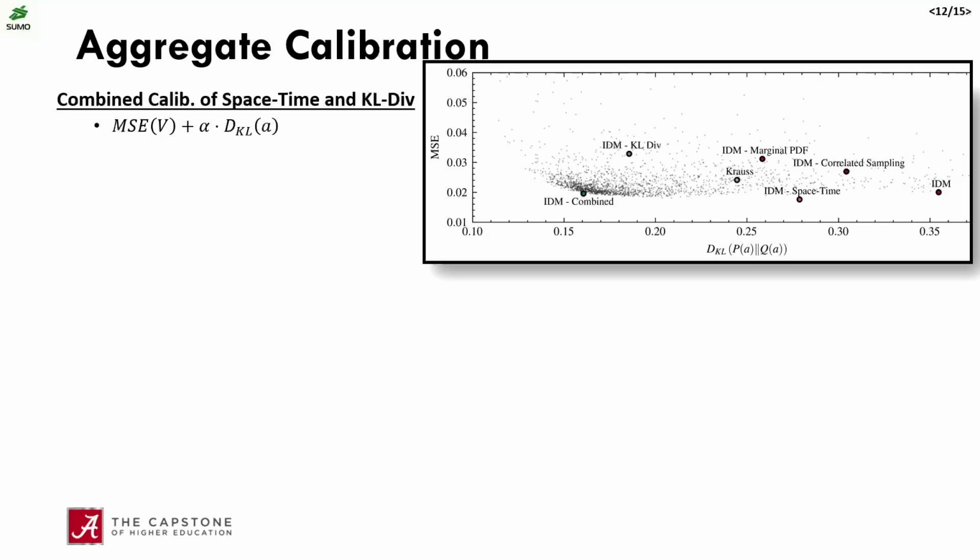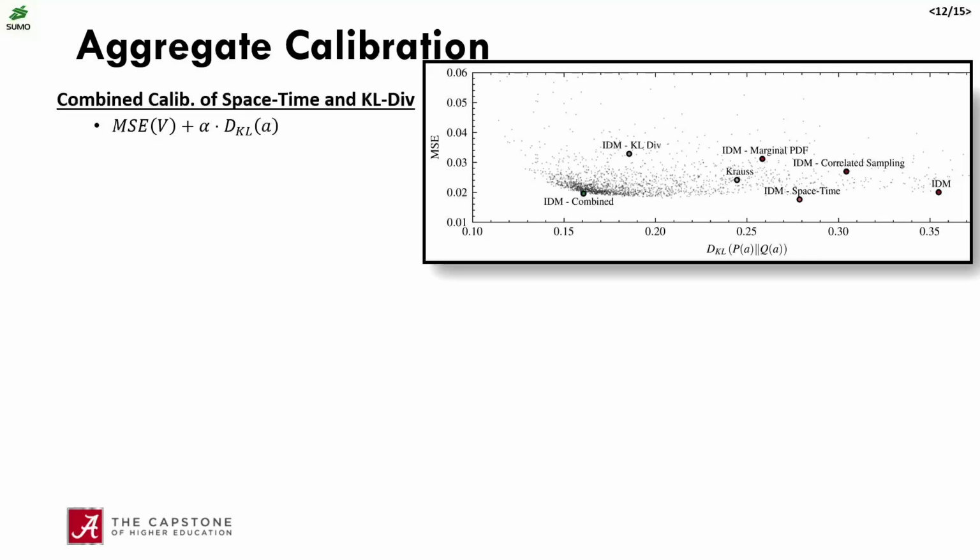The IDM model over here performs quite well at recreating the space-time mean speed plots, but the acceleration behavior is quite different. Krauss does a better job at acceleration, but a worse job at mean speed. And then W99 is way off this plot. It doesn't fit on the x-axis for the acceleration behavior, but it does do a good job of recreating the mean speed.